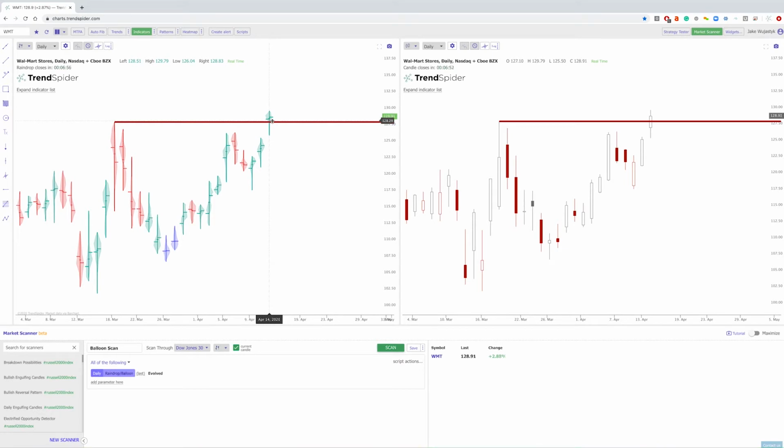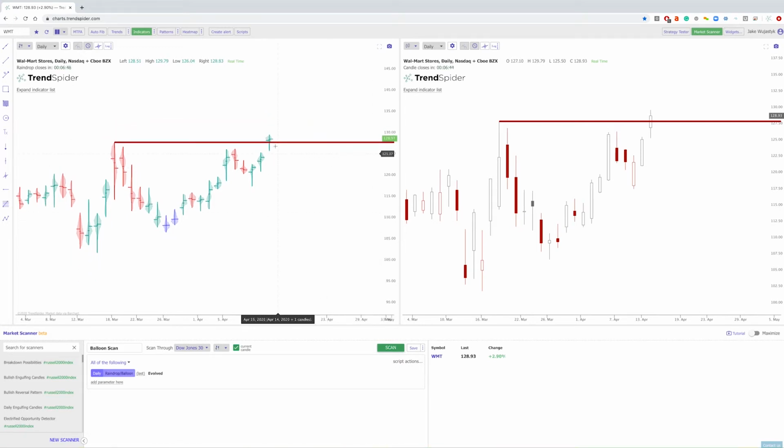So sometimes I like to look for a breakout like this. Depending on what type of trader you are, I personally will just enter into a trade here and trade this into the next 2 days, because a lot of the time you'll have some follow through.